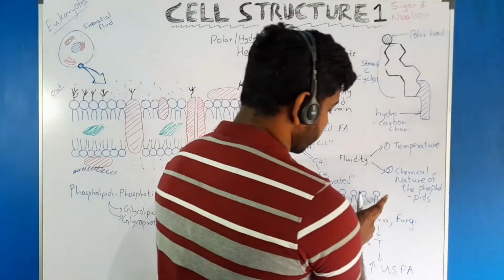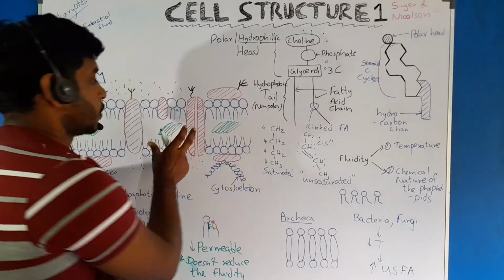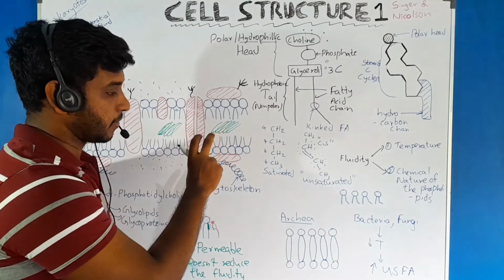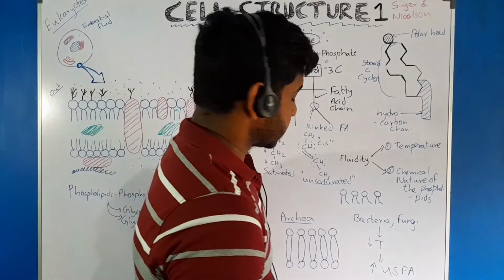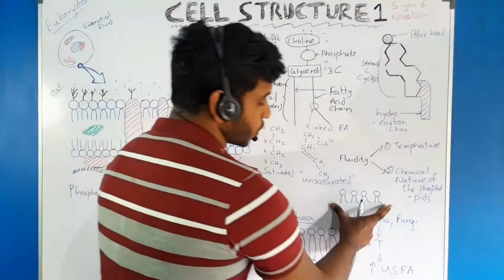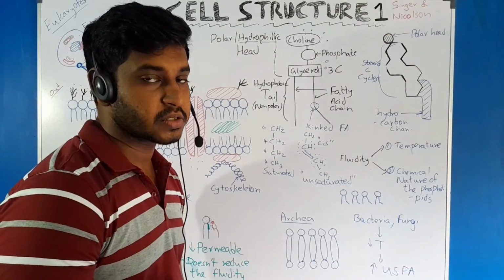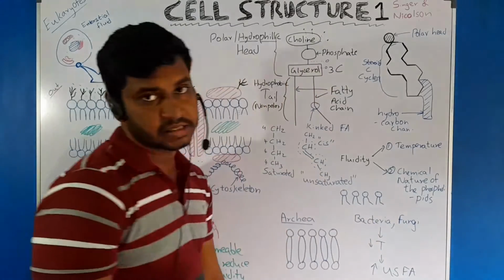They use these phospholipids to build their plasma membrane. So, in lower temperatures, their phospholipids become very hard to freeze. So, they can live in lower temperatures without dying because of these unsaturated fatty acids.